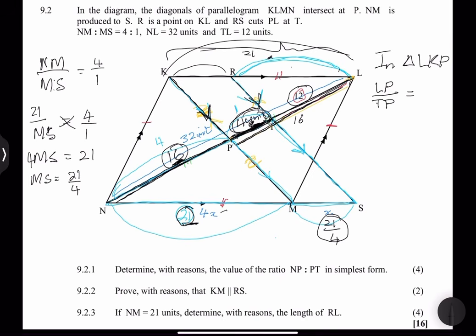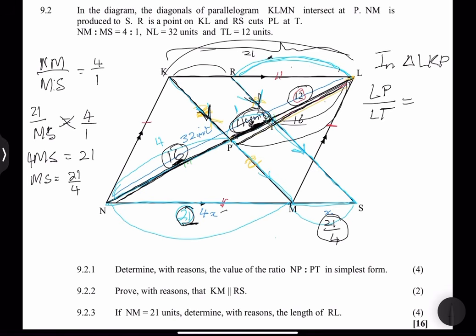And by the way, we're looking for RL, so maybe it would be even better if I say that entire side divided by LT. Yeah, so let me rather take over LT, right? So I'm going to say that entire side LP divided by LT, okay? So in this case, remember, LT would be 12 units, right?